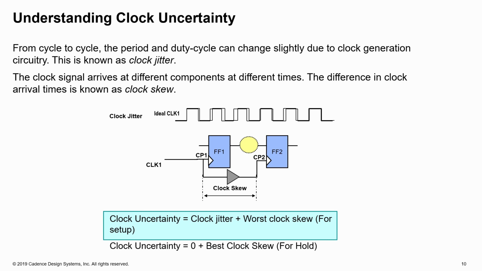So basically, it's a way to add pessimism to your design. When you use uncertainty, you're implying that you're tightening the constraints or the clock a little bit more than what your design normally would be. And so, especially in the case where your paths start from one domain to another, you need to make sure that all of these are defined.